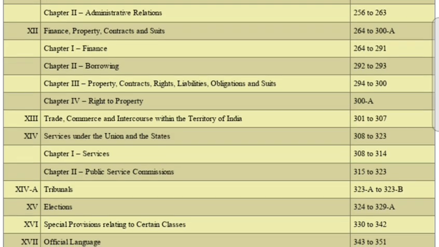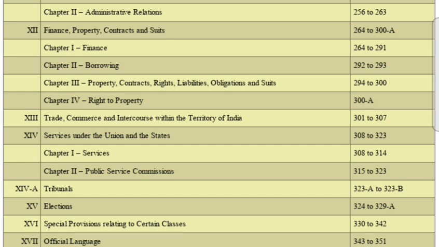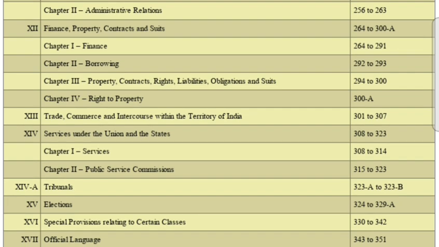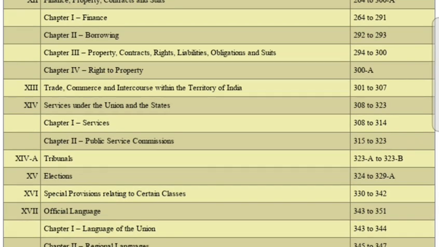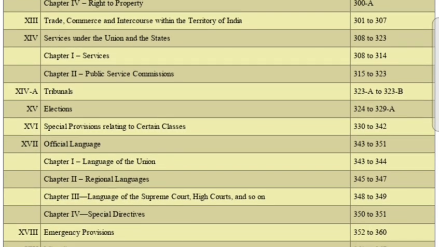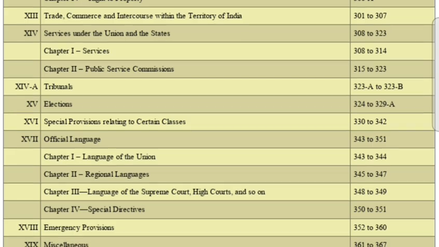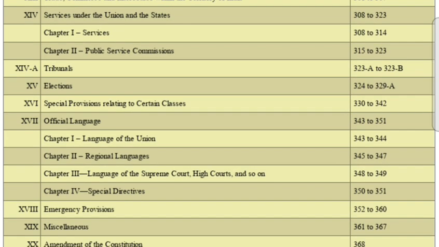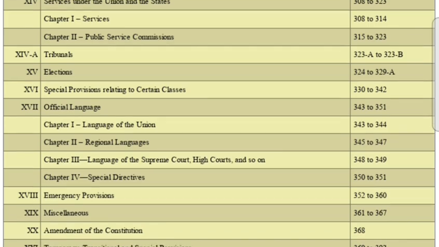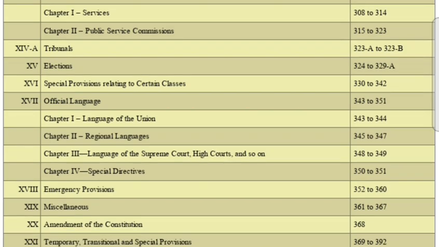Part XIV, Services under the Union and the States, 308 to 323. Chapter 1, Services, 308 to 314. Chapter 2, Public Service Commissions, 315 to 323. Part XIVA, Tribunals, 323A to 323B. Part XV, Elections, 324 to 329A.